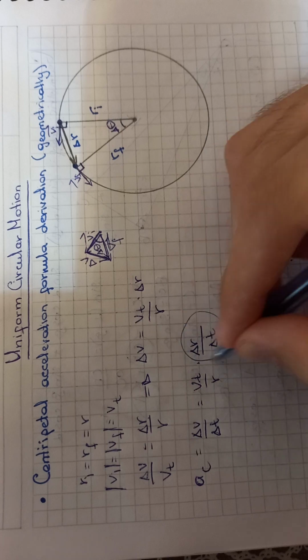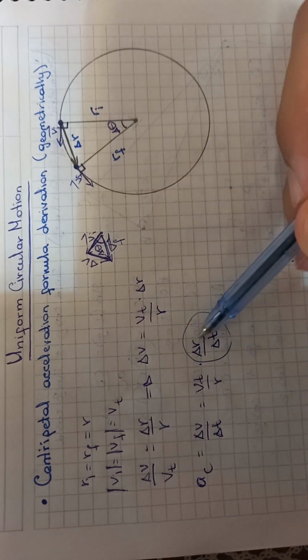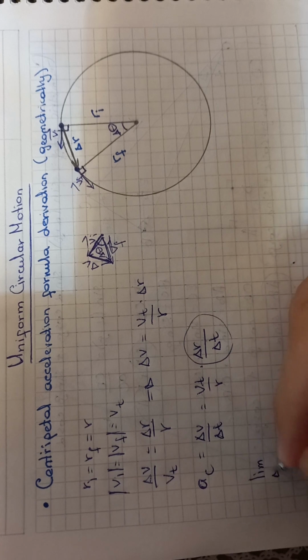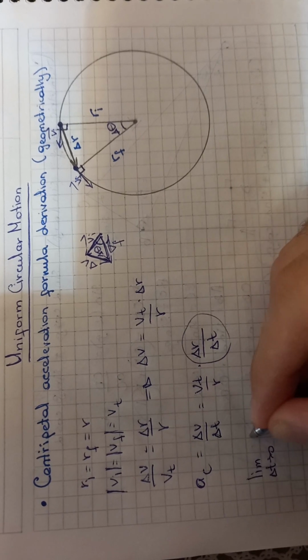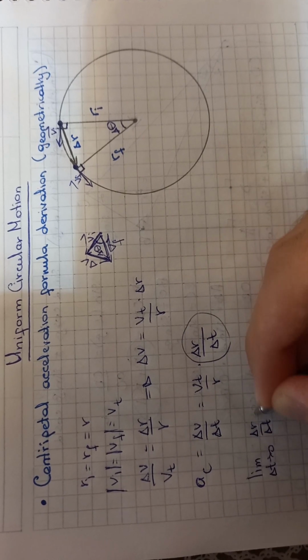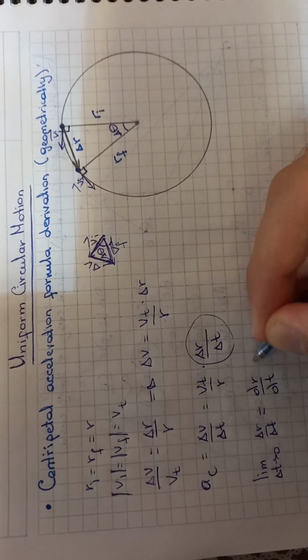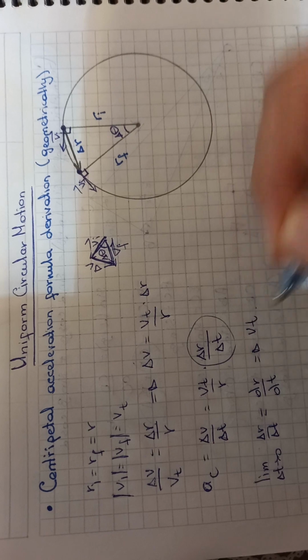And if you see this, you can immediately notice that if we take the limit of this as delta t goes to 0, this is actually going to be equal to dr dt, which is tangential velocity.